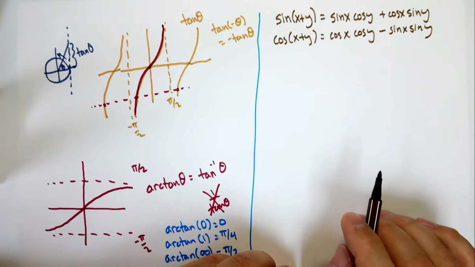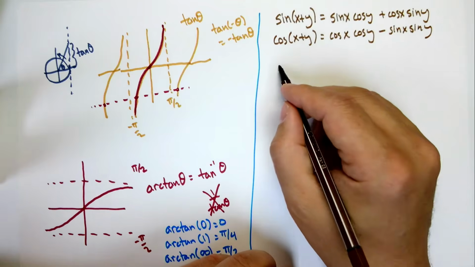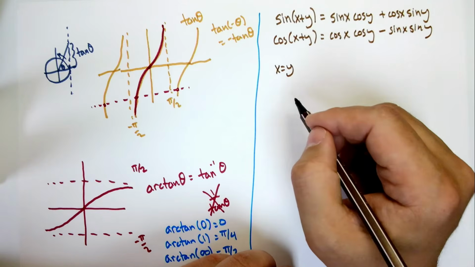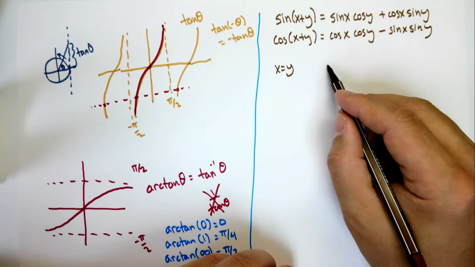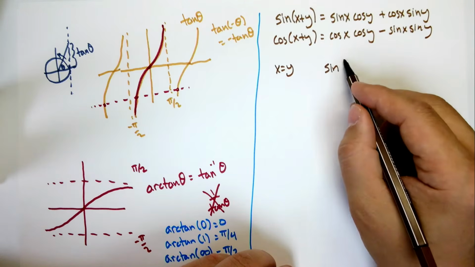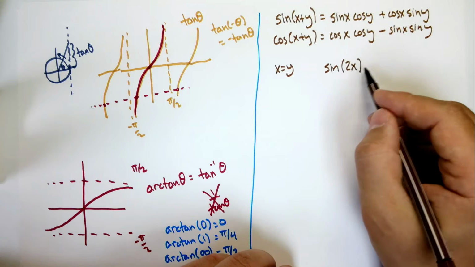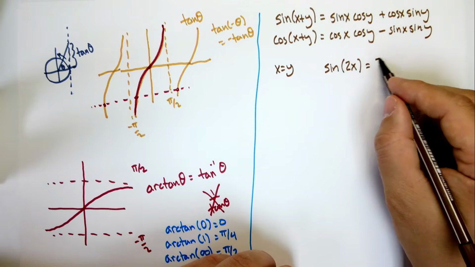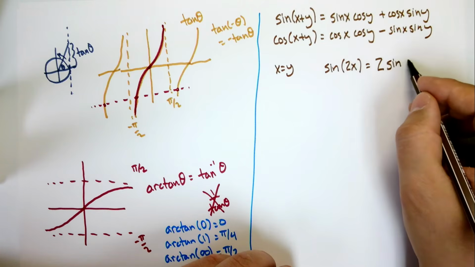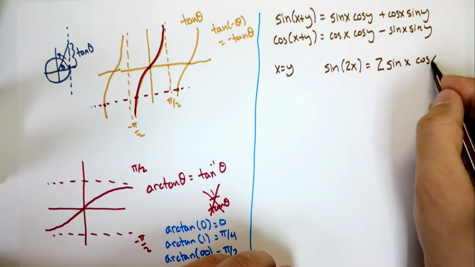Now, here's a special case. X equals y. So, what does that become? Well, that says sine of x plus x, or sine of 2x, is sine x cosine x plus cosine x sine x. They're the same. So that's 2 sine x cosine x.